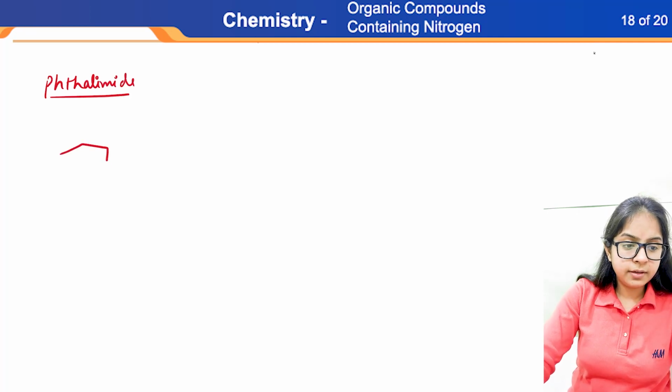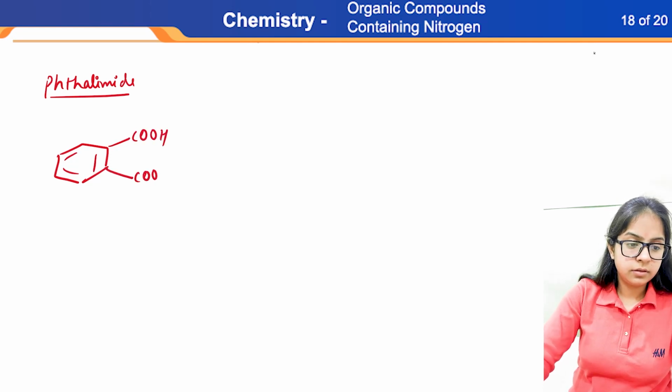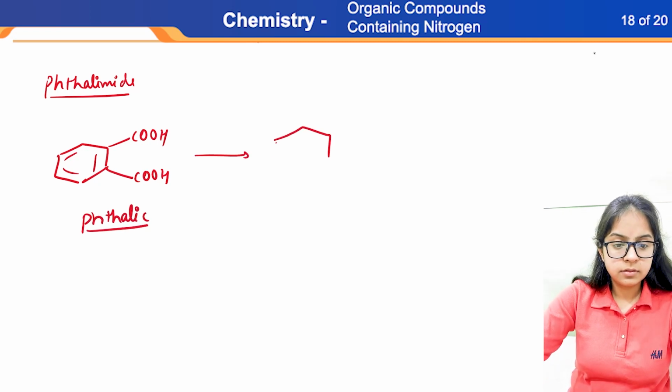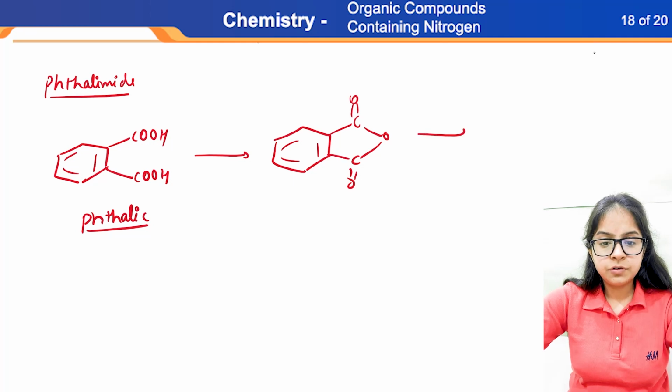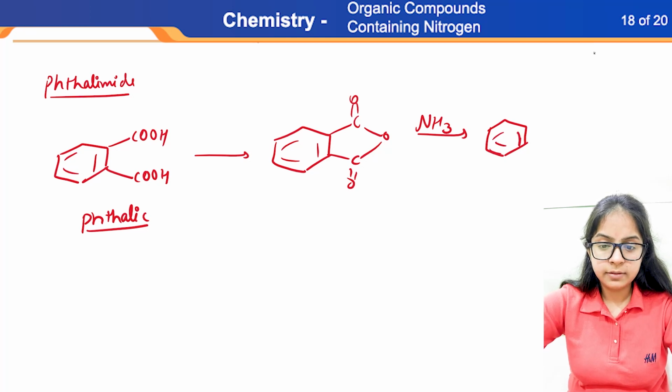First, you need to take phthalic acid, this one. Removal of a water molecule, you will get an anhydride. After that, with the reaction of ammonia, you will get phthalimide.